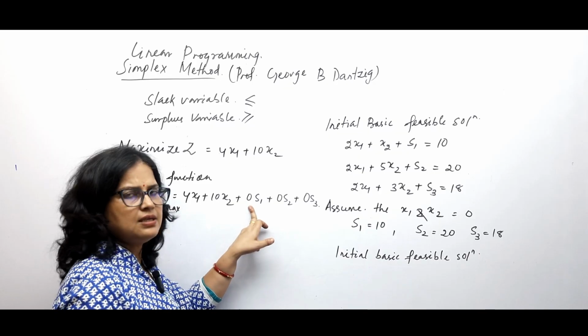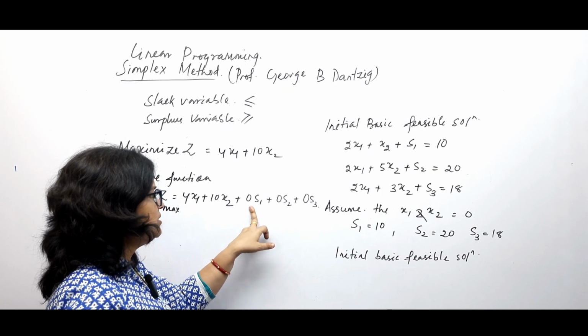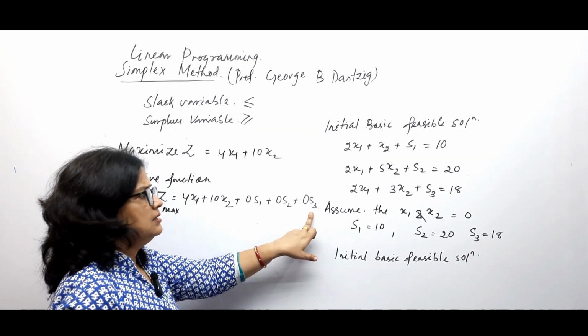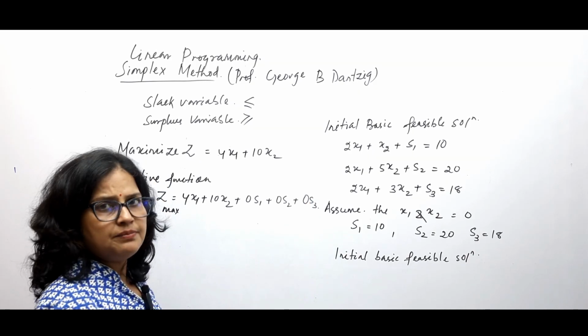So 0s1, 0s2 and 0s3. Next, draw the simplex table.